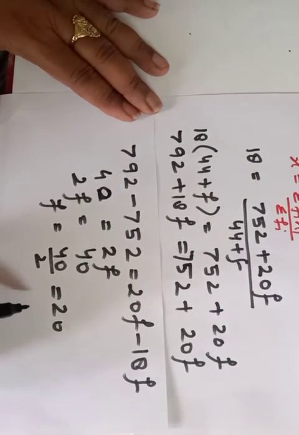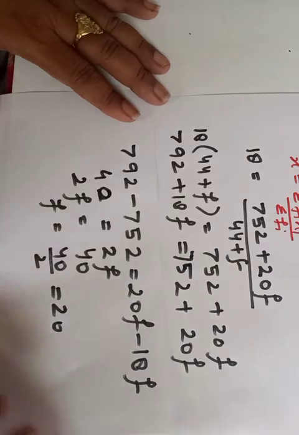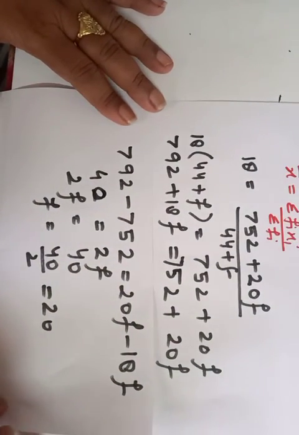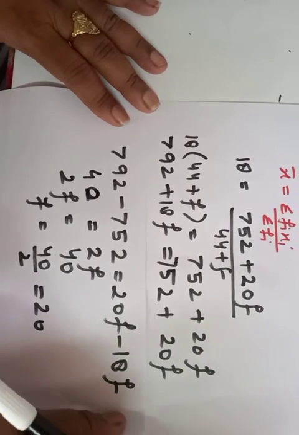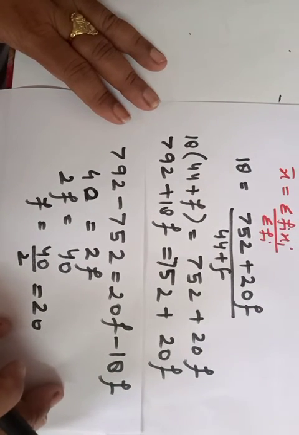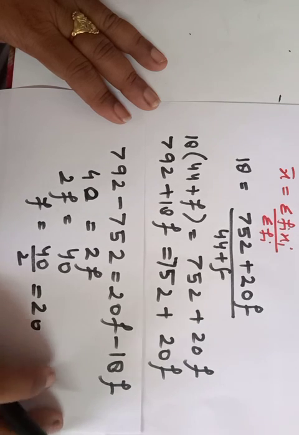So here we have got the value of the frequency. I hope it is very clear to you. Mostly we use the direct method when the frequency is missing, and this is a very important question from the board point of view. So do practice. Thank you, students.